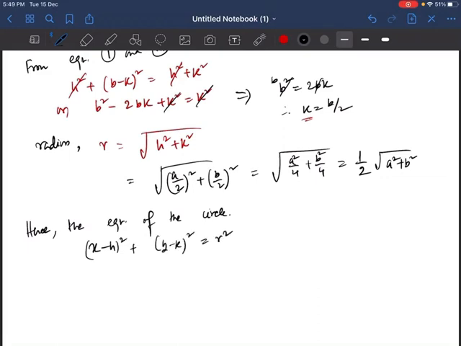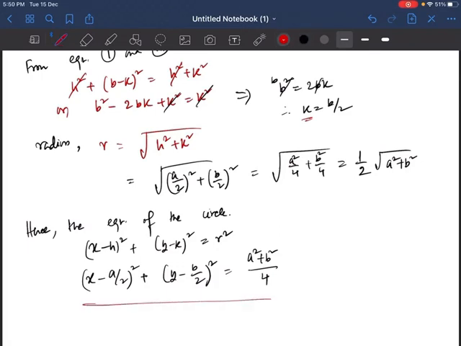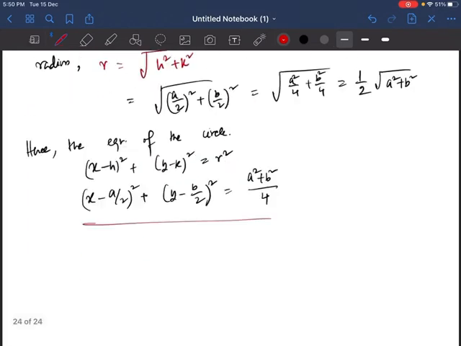So in place of h, I will write x minus a by 2 whole square plus y minus b by 2 whole square is equal to, in place of r square, a square plus b square divided by 4. This is what we have. So this is my answer. So this is how we find the equation of the circle when it passes through the origin and makes intercepts a and b on the coordinate axis.